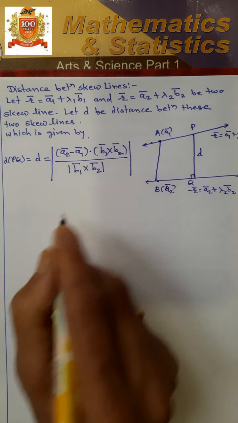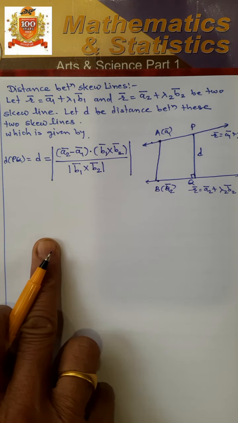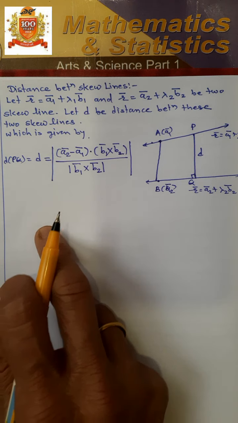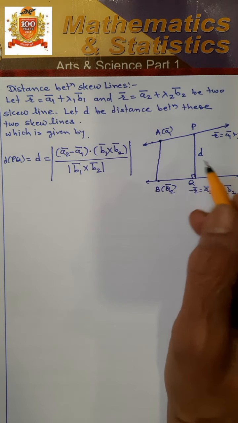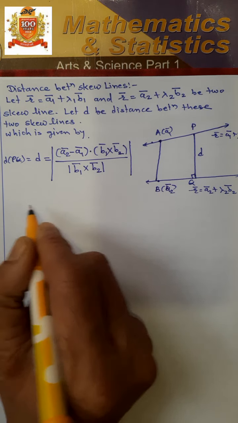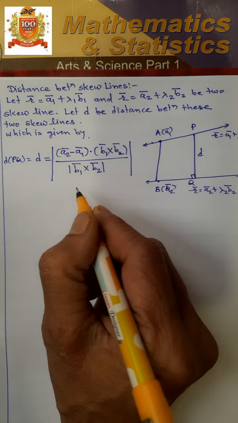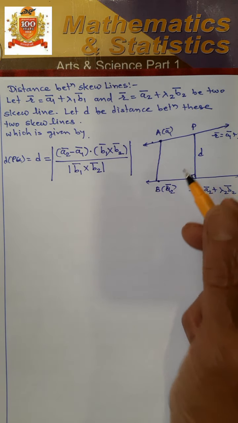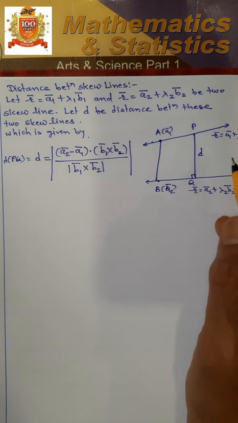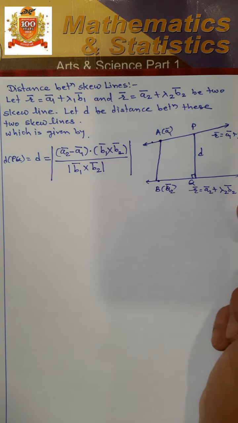Mod complete. By using this formula, we can find the shortest distance between two skew lines. This is the formula for finding the shortest distance between two skew lines when the equation of lines is given in the vector form, isn't it?